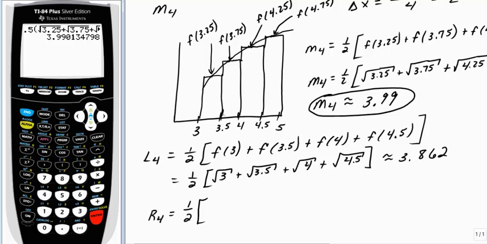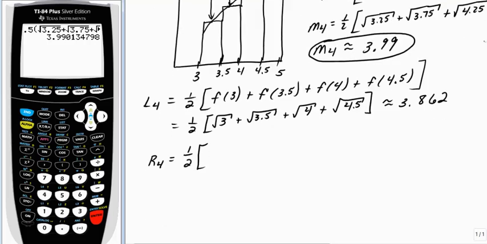It's determined by the right-hand endpoint, f of 3.5. So I would say, okay, f of 3.5, then the second one's going to be f of 4, the third one, f of 4.5, and the last one that goes between 4.5 and 5, the right-hand endpoint, is given by f of 5.